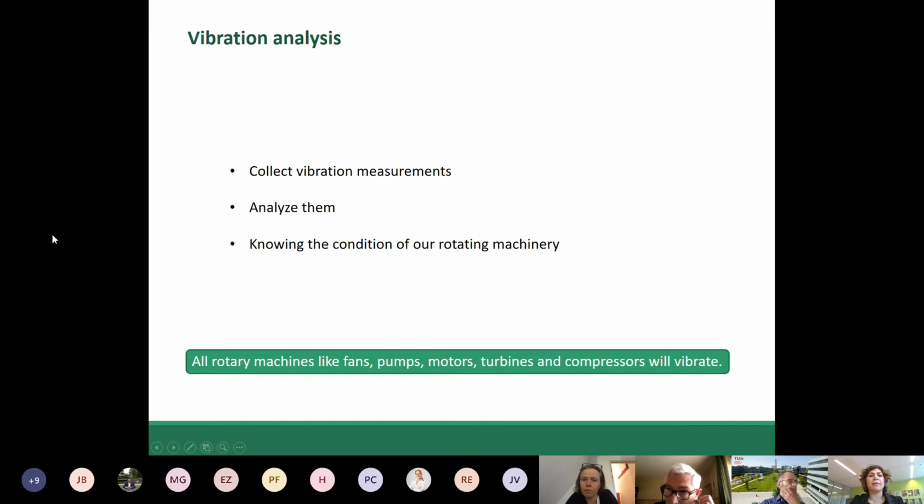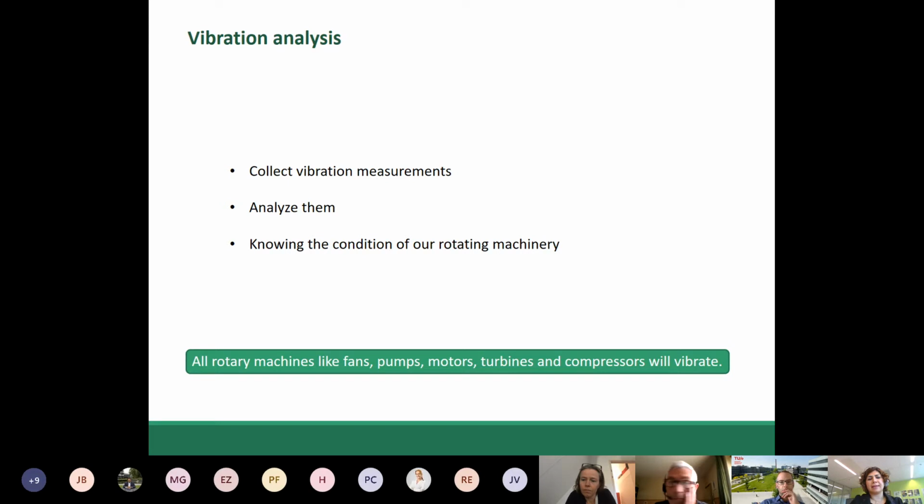As you know, all rotary machines like fans, pumps, motors, turbines, and compressors will vibrate. One way is to listen to the vibration to detect faults, but that's only part of the story. Another option is to install sensors to measure vibration to detect faults.